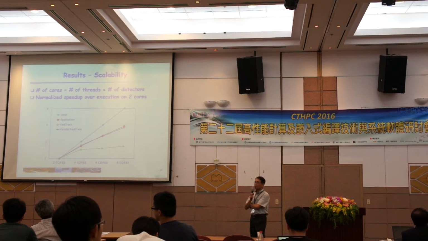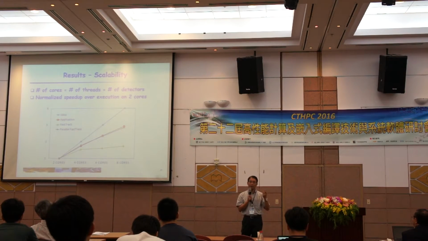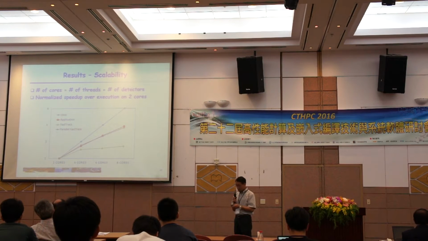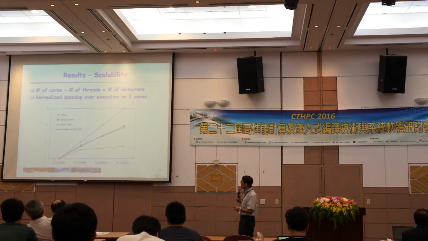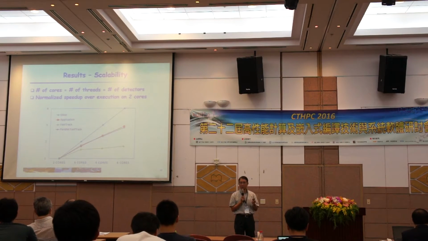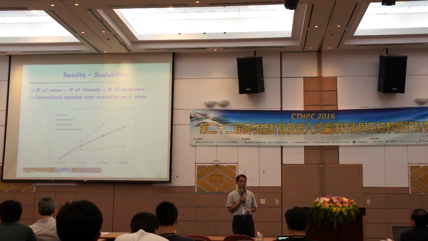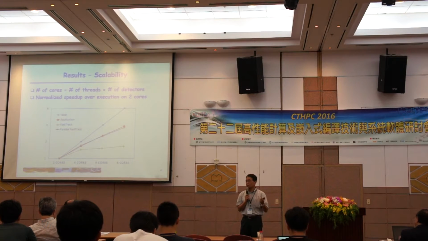Scalability. This diagram is very interesting. When I increase the number of cores, I'd like to see linear increase. I know everybody knows this is not possible. So if I look into this, the red curve is only the application. If I run the application, the linear speedup, I know it's not possible, but it's not too bad. But if I look into the fast track, that green one looks pretty bad.